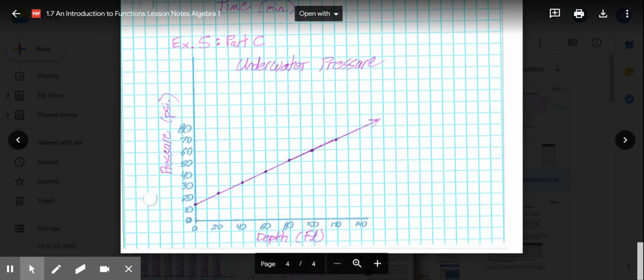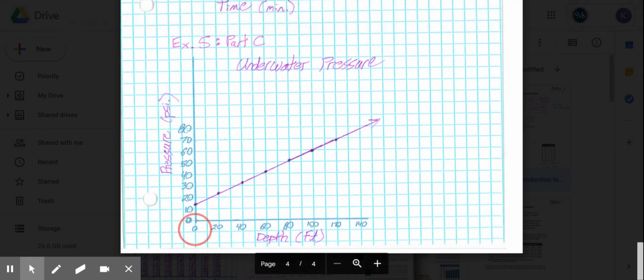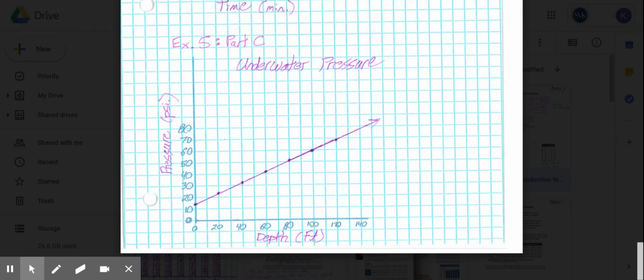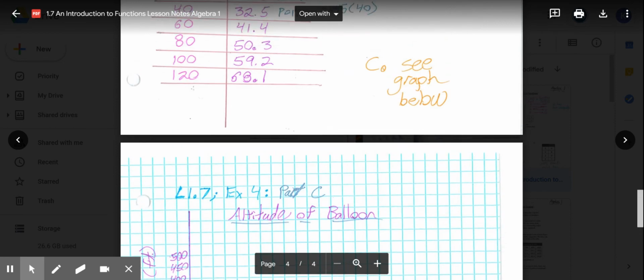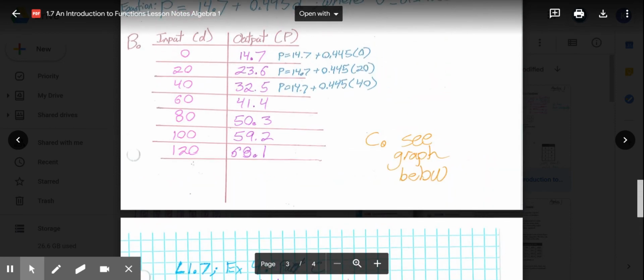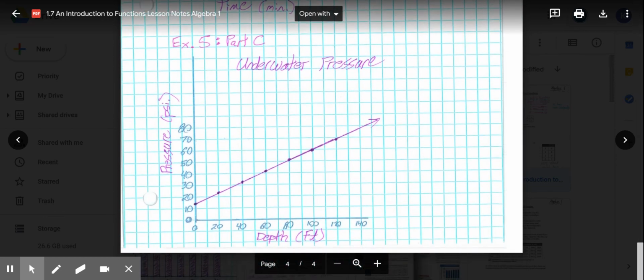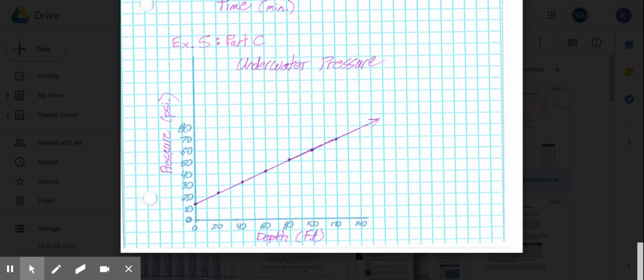Then our scale, I went by tens across the x-axis, so 0, 10, 20, 30, 40, and so on. And also with the y-axis, I ended up going by tens, so 0, 10, 20, 30, 40, and so on. Then taking our info from our input-output table, we're going to put our points. So over 0, roughly up 14.7.